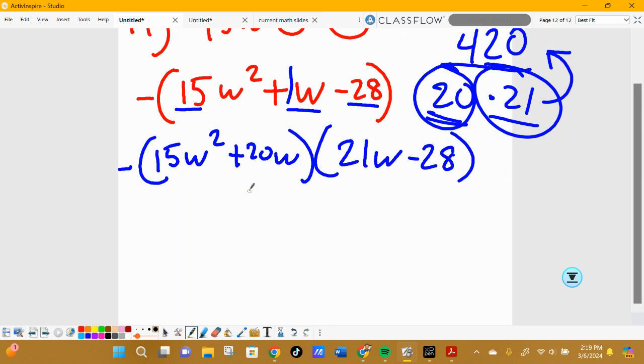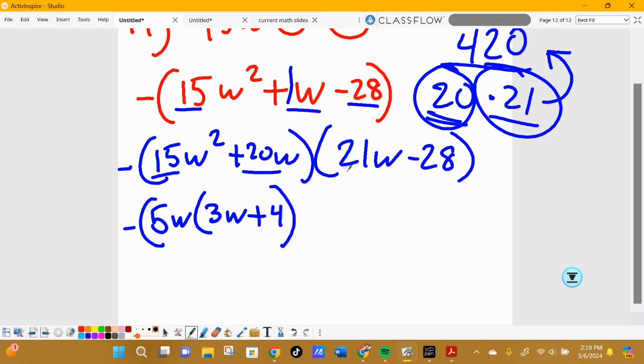Now, what can come out of 15 and 20? I can take out a 5w from each of those, which gives me 3w plus 4. And from 21 and 28, I can take out a 7, which leaves me with a 3w minus 4.